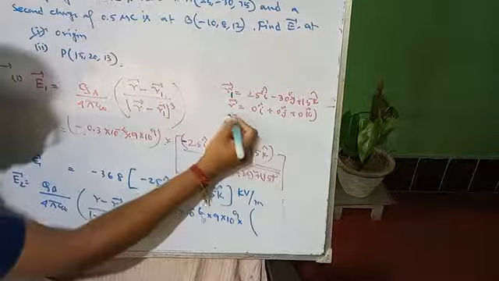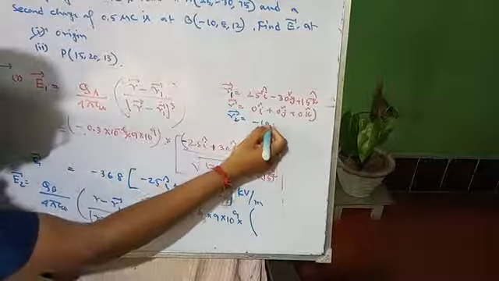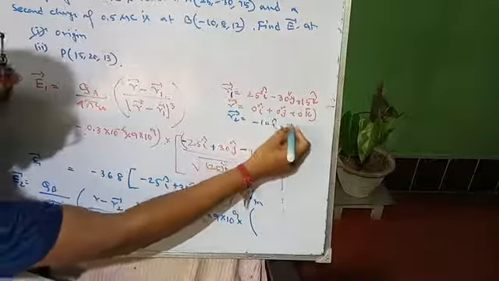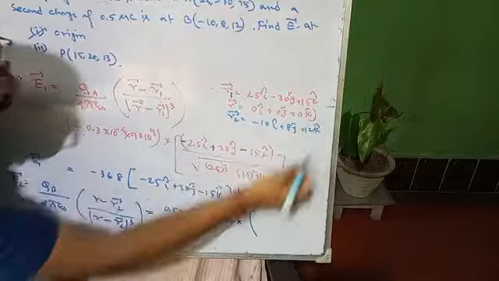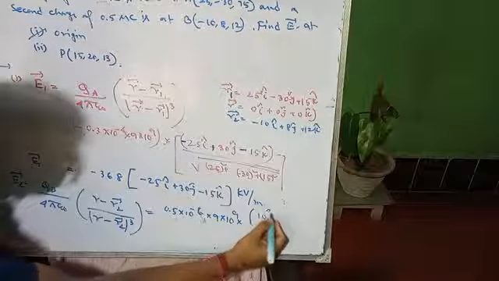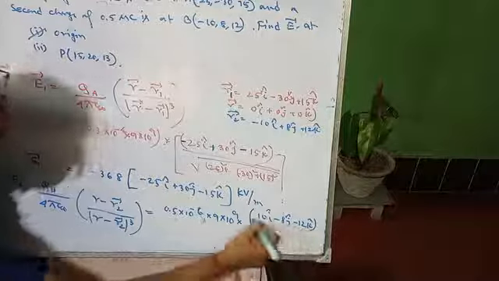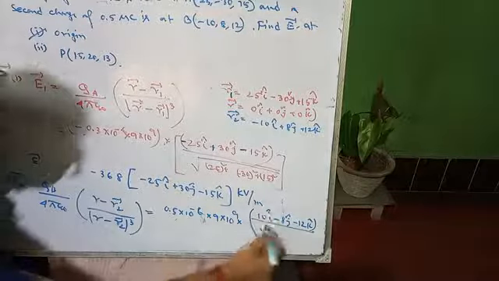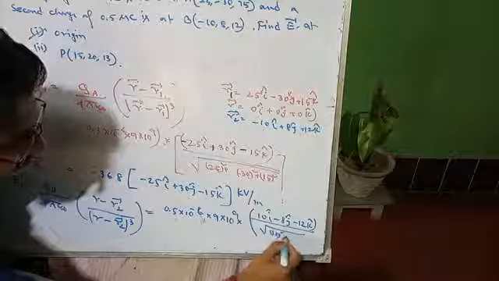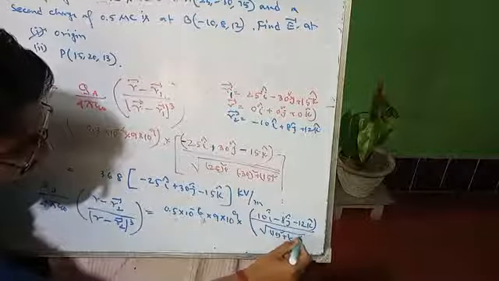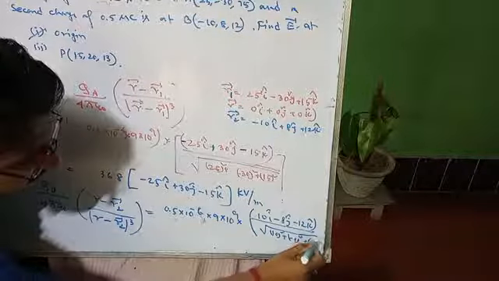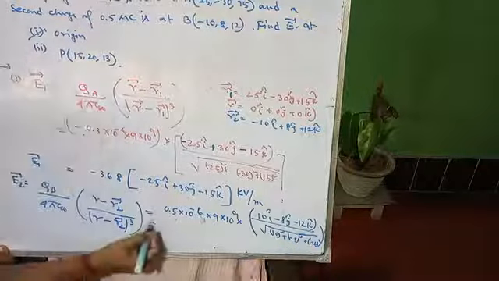Here R2 vector equals minus 10 i cap plus 8 j cap plus 12 k cap, so R minus R2 will be 10 i cap minus 8 j cap minus 12 k cap, divided by root over 10 square plus minus 8 square plus minus 12 whole square. By calculating you can get the answer.